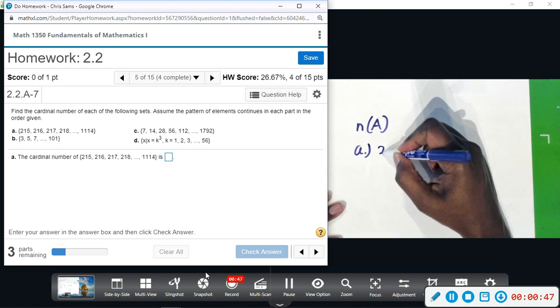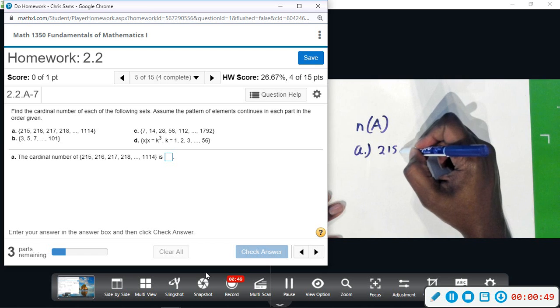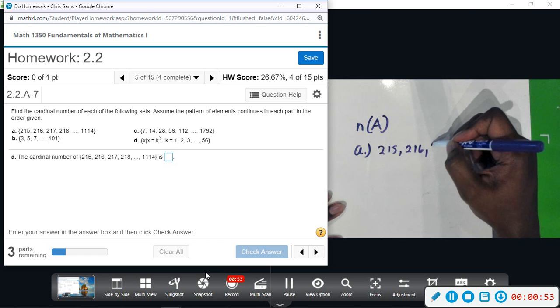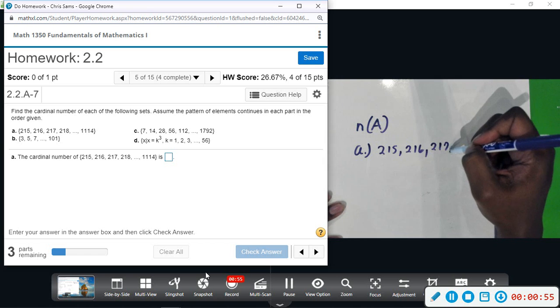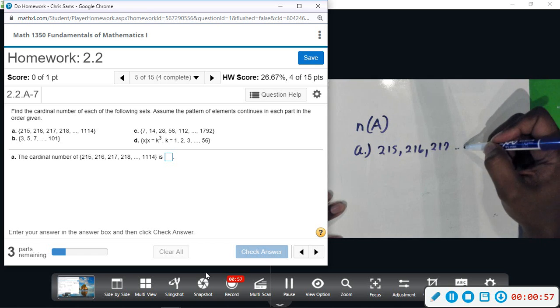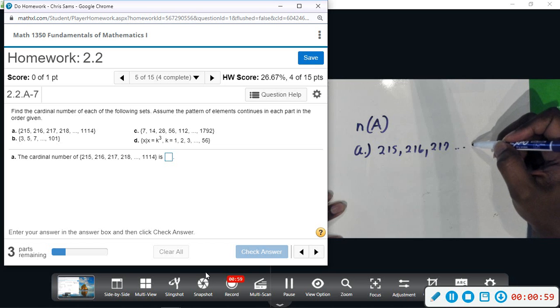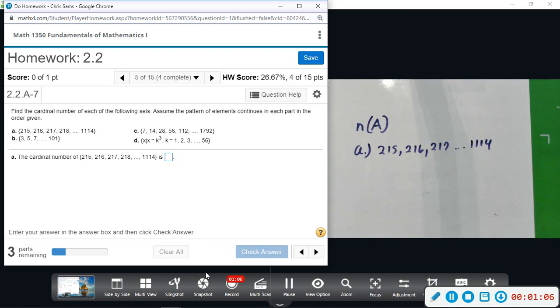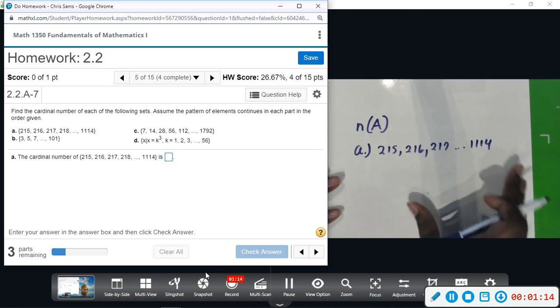We have 215, 216, 217, and I'm just going to go dot dot dot, and we have 21114. So I noticed that this pattern is already counting by ones, but it doesn't start at the number 1, it starts at 215. So all we really need to do is shift.